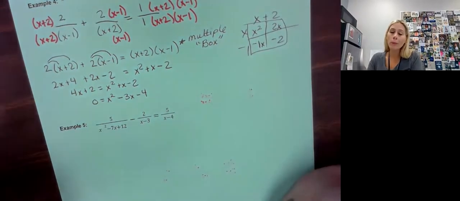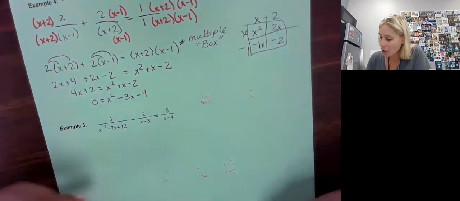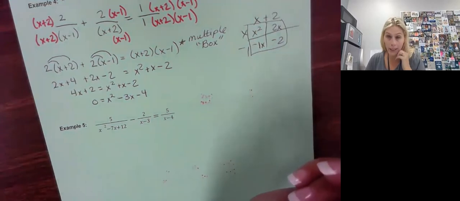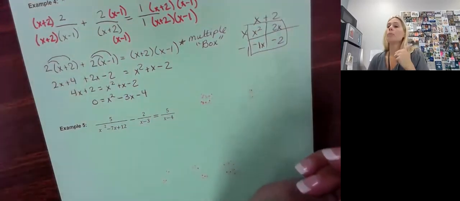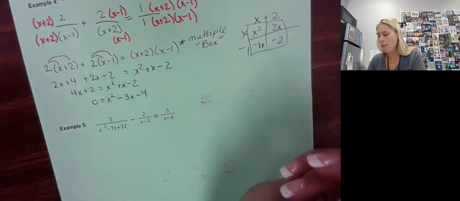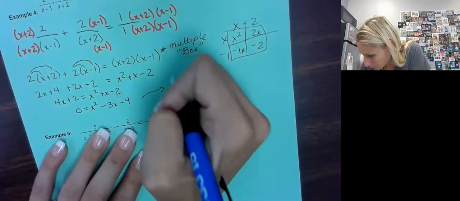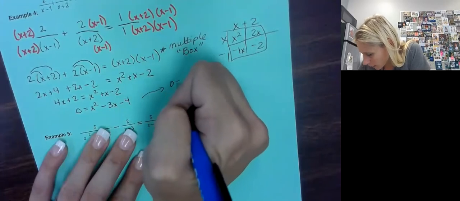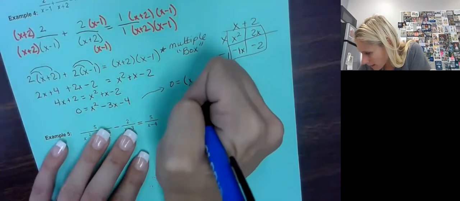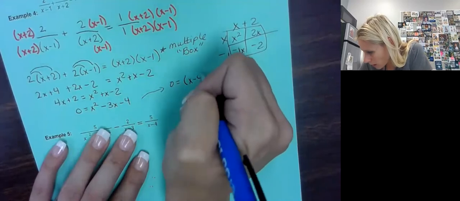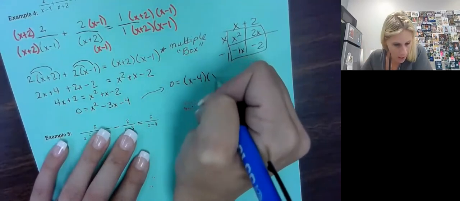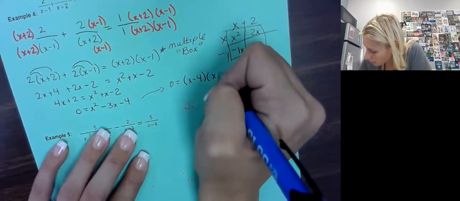Now we have a trinomial. We can factor it. I'm going to factor it quickly. You factor it by your box, by your grouping, whichever you like. So when I factor it, I get 0 equals x minus 4 times x plus 1.